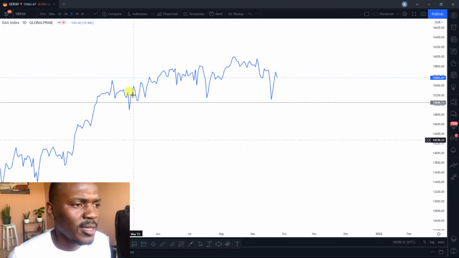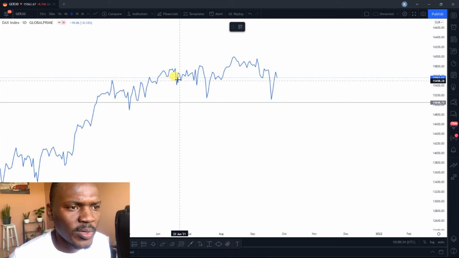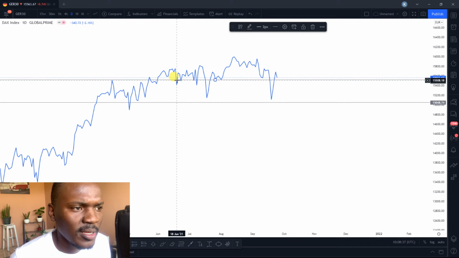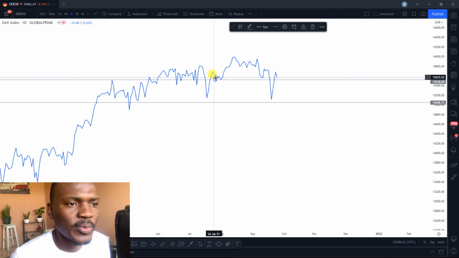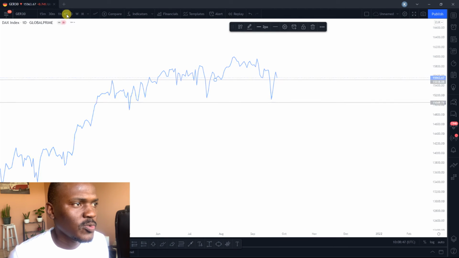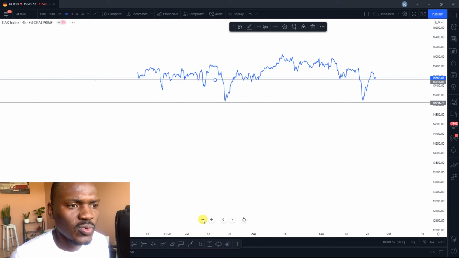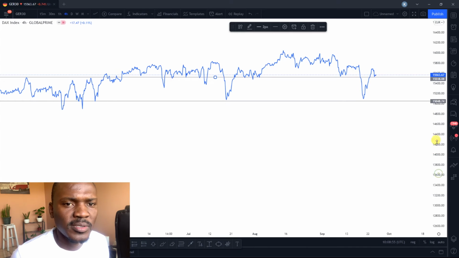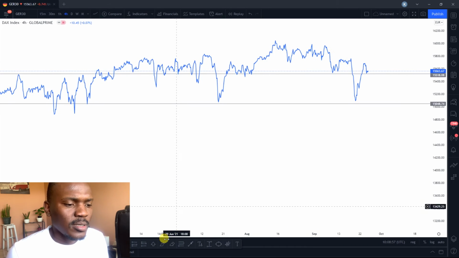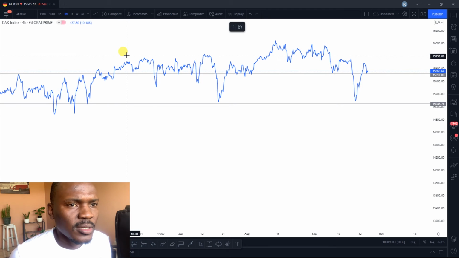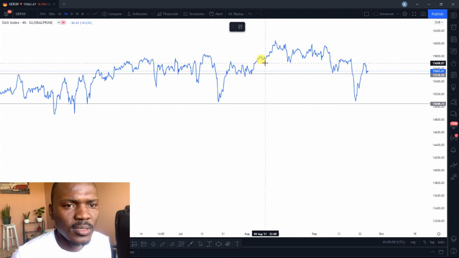Then what I will do again is look for another one. I'm seeing another one here, so you can see it catering this, and it also catering this support here. So we're going to move to a 4-hour chart and see if we can get at least 2 support and resistance levels. Okay, let me see here.